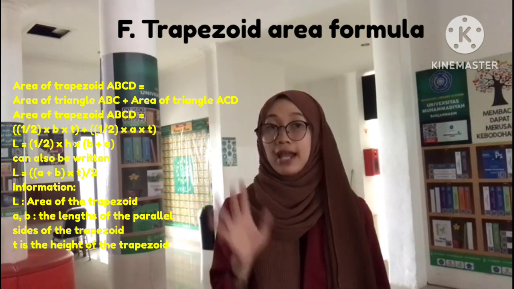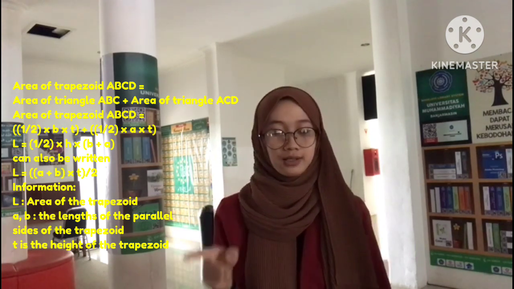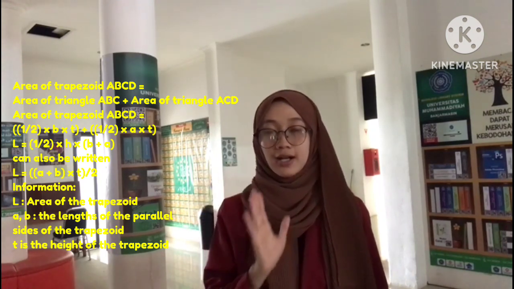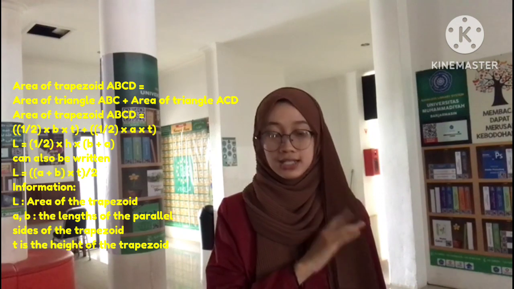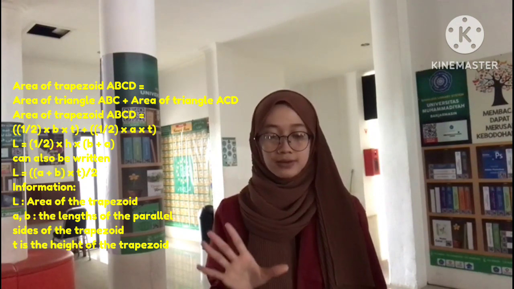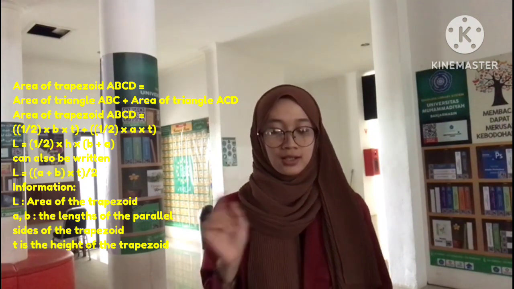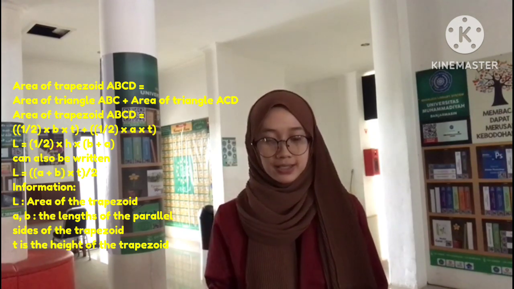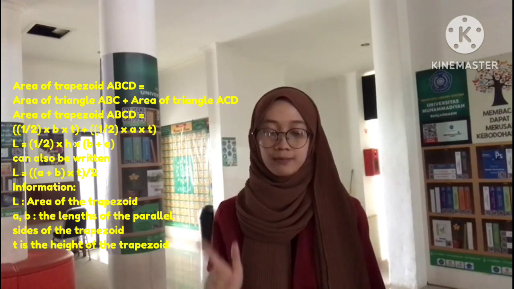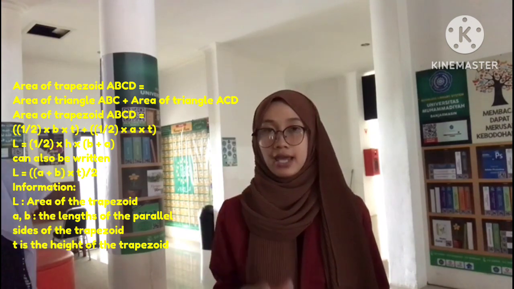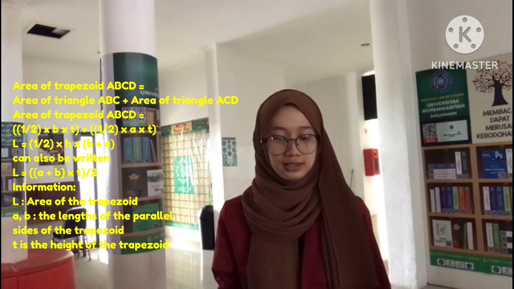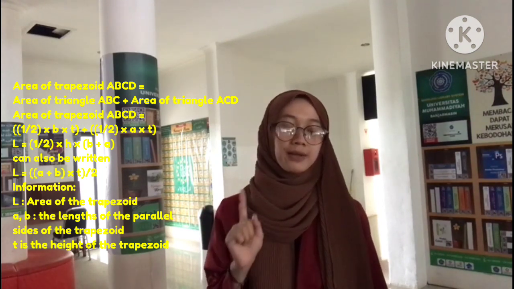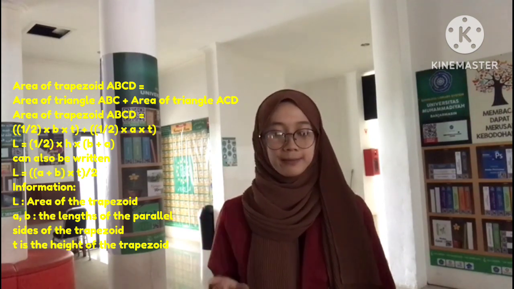Trapezoid area formula. Area of trapezoid ABCD equals area of triangle ABC plus area of triangle ACD. Area of trapezoid ABCD equals 1/2 multiplied by B multiplied by T plus 1/2 multiplied by A multiplied by T. L equals 1/2 multiplied by T multiplied by (B plus A).